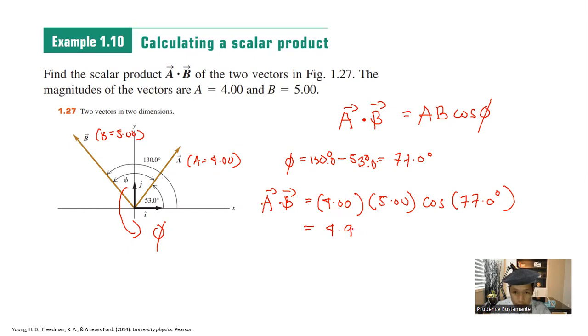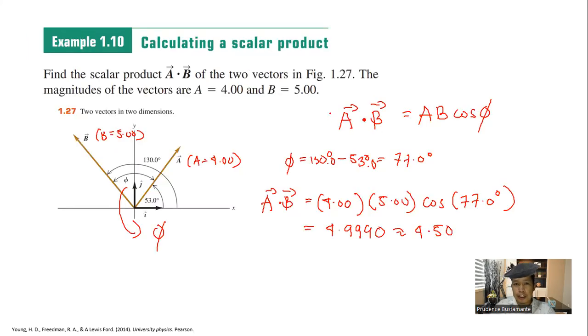Given that we need three significant figures, the dot product of these two vectors is equal to 4.5, or 4.50 in terms of three significant figures.